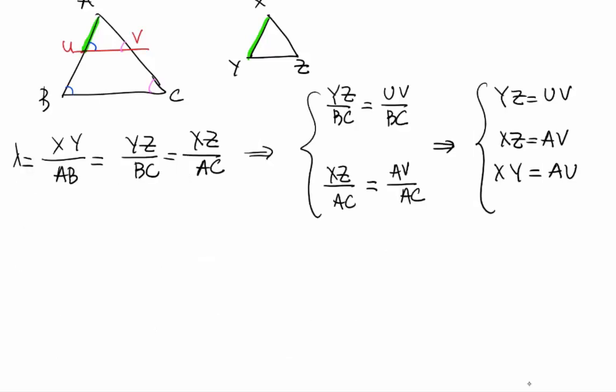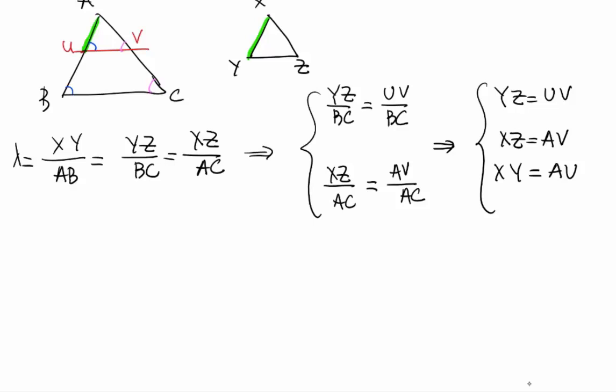Now, XY over AB is YZ over BC, which is equal to XZ over AC by assumption, since the sides of triangle ABC are proportional to those of XYZ. Now, from our previous equality, YZ over BC is equal to UV over BC, and XZ over AC will be AV over AC.